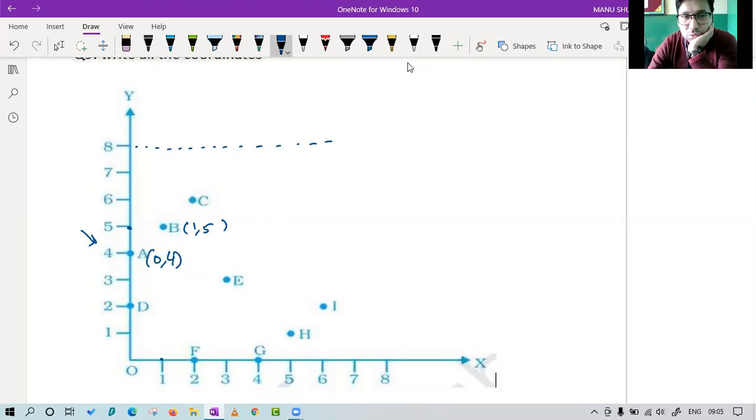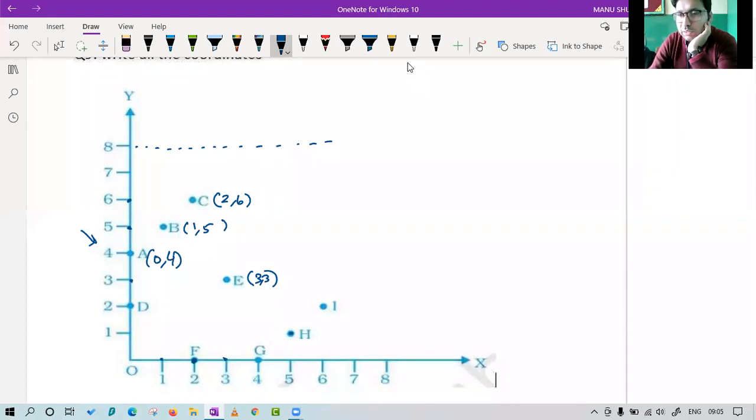Okay. Now, the C point. If you see the C point, it is 2 on x-axis, 6 on y-axis, so 2 comma 6. Similarly, E, very good everyone, 3 and 3, so 3 comma 3. Now F, where is F? It is here.